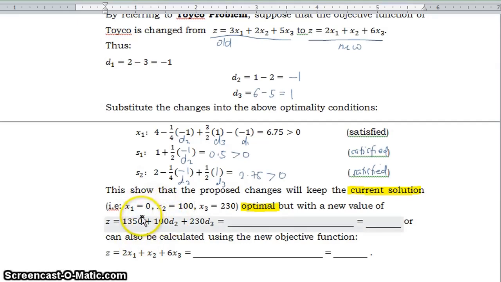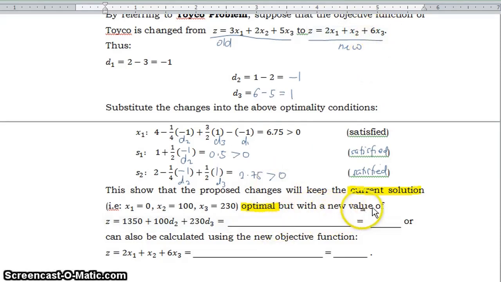From the original optimal tableau, we see that x1 is 0, x2 is equal to 100, and x3 is equal to 230. So this is the solution when Toyco changed the revenue for each type of toy.